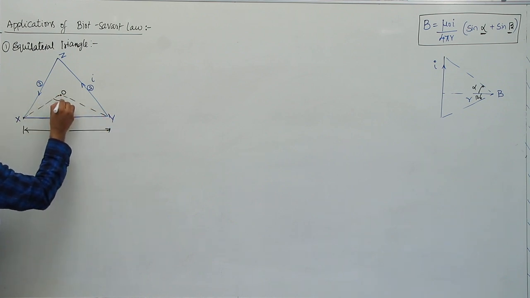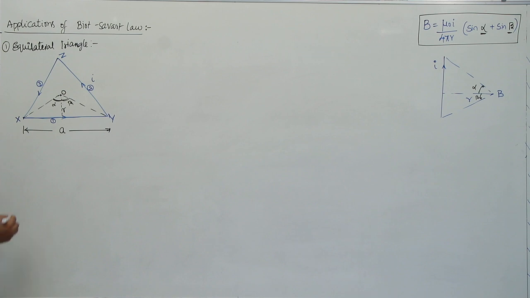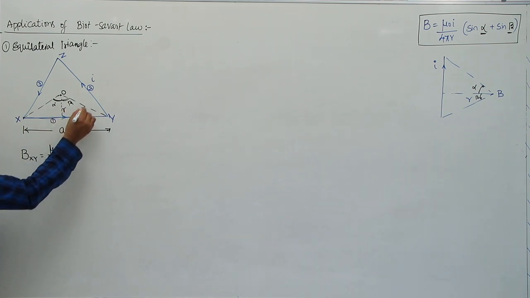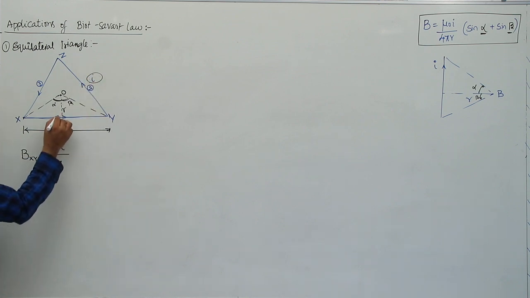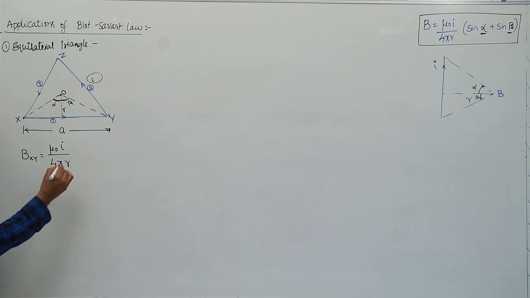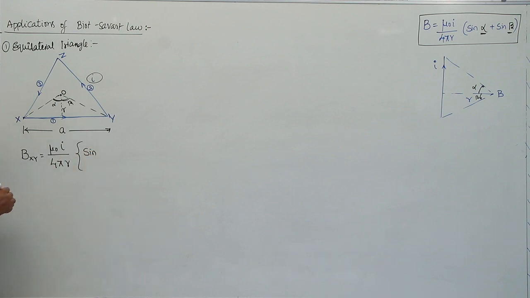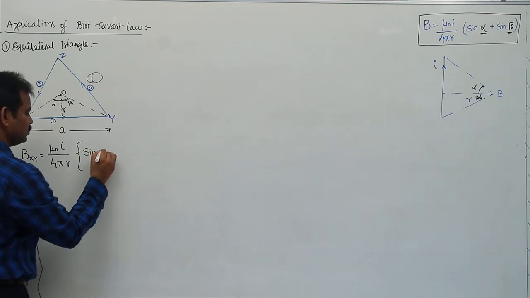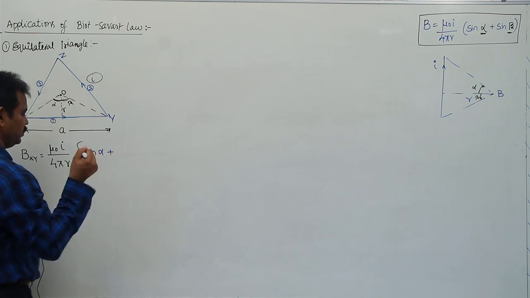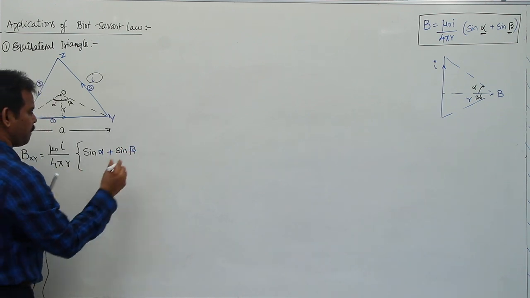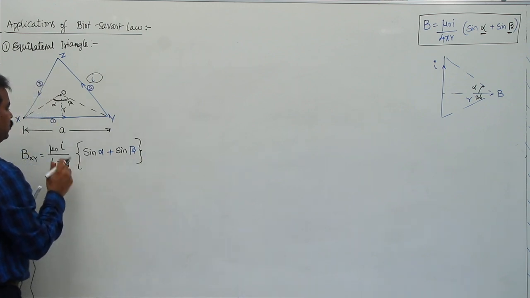This is alpha and this one is beta and this side is R. So the magnetic field due to XY is equal to mu naught into the current flowing through this, I, over 4 pi, the distance from this point to this is R. I need to take only the perpendicular distance, into sine alpha plus sine beta. So this is the formula to find the magnetic field due to one side.